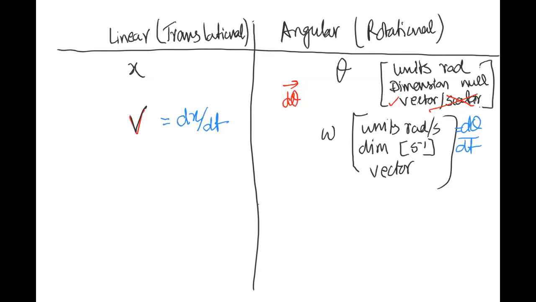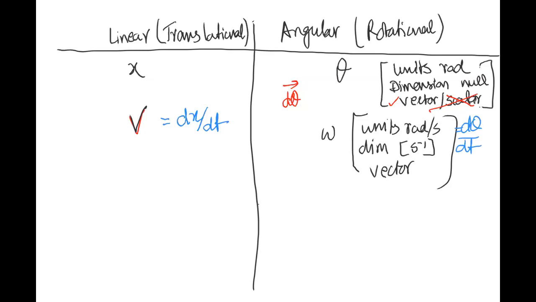So for us, omega will always remain one-dimensional. And if you remember from our study of linear motion, if anything is one-dimensional, then we can tell its direction with plus and minus, right? So that is what we are going to do with omega as well.